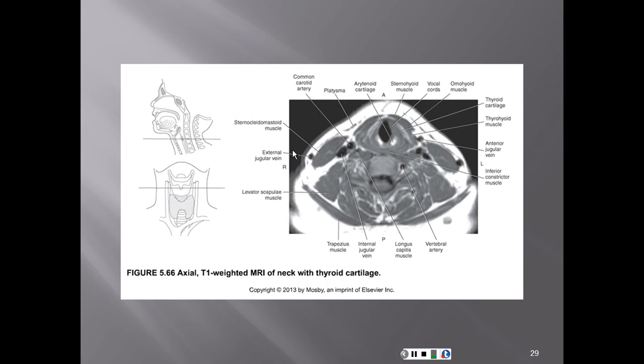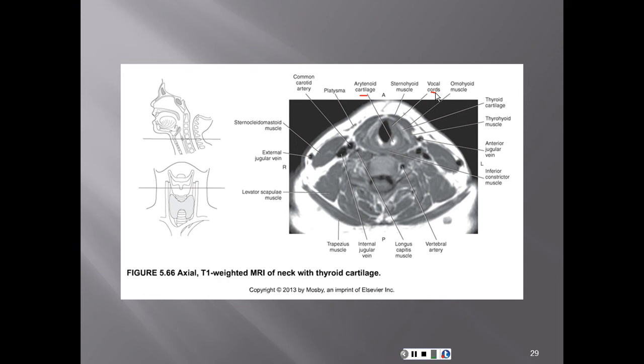So here we want to identify the arytenoid cartilage, as well as the vocal cords. Those are important to identify. And there's the arytenoid cartilage, and then you have the vocal cords. So the paired arytenoid cartilages are shaped like pyramids and are situated at the posterior aspect of the larynx, just on top of the cricoid cartilage.